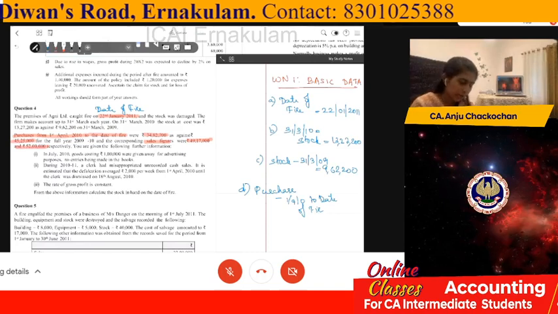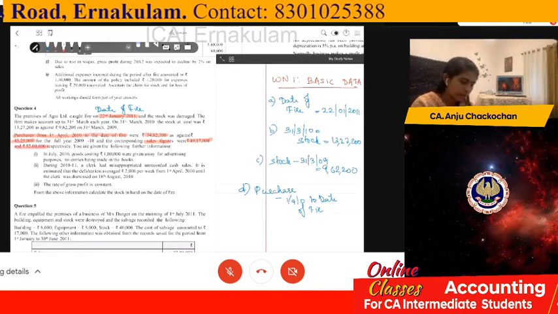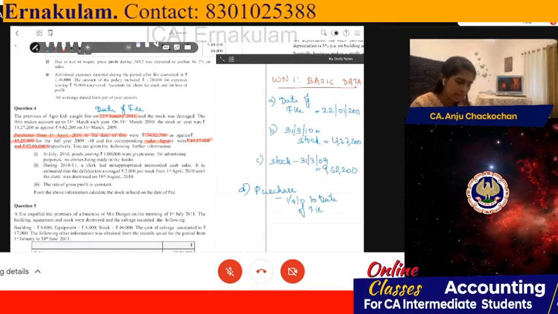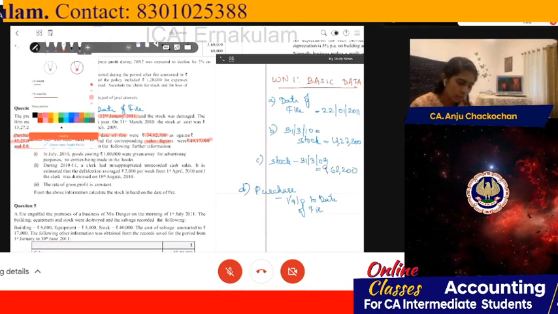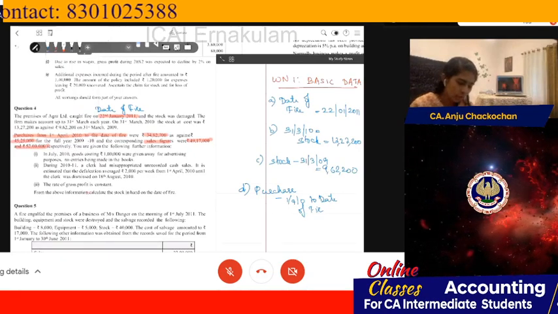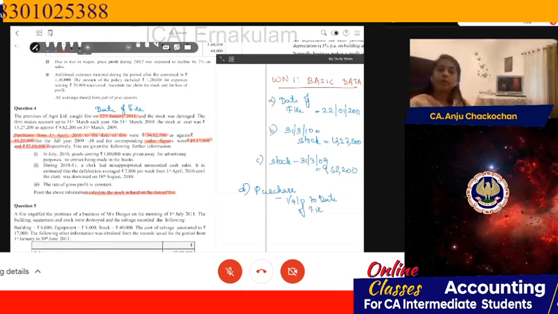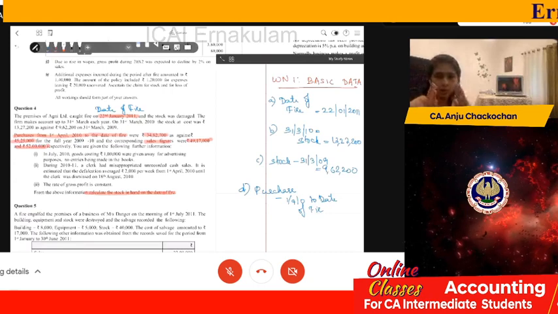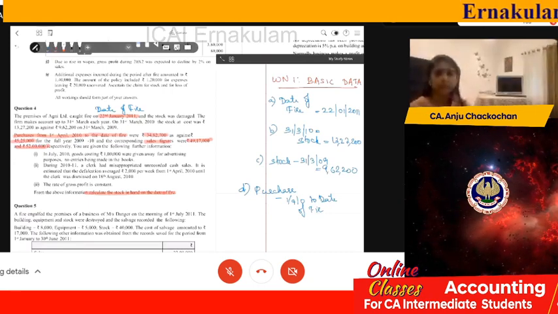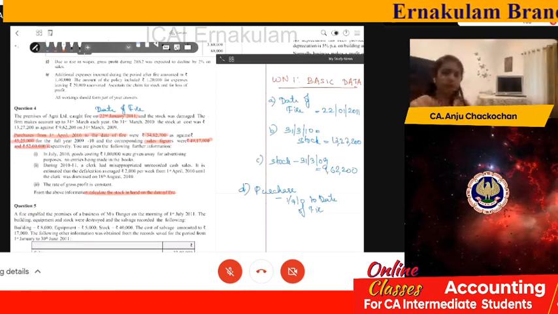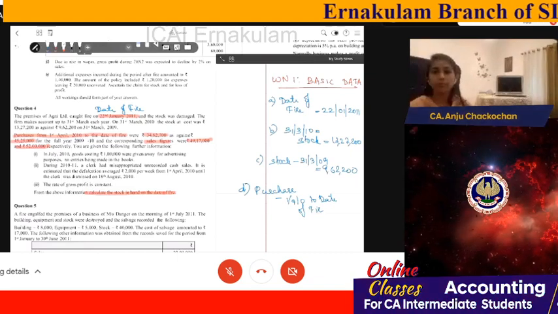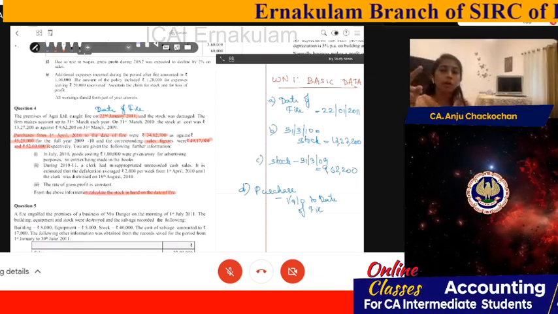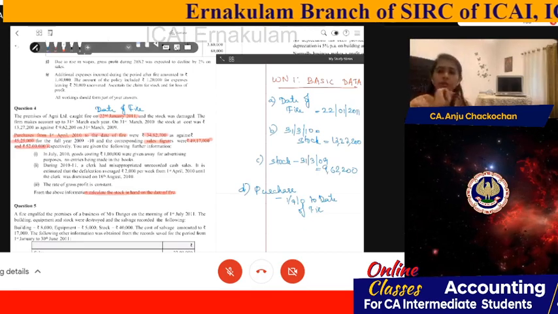So what are we asked to compute? Okay, listen, the other data we'll see in the go. Calculate the stock in hand on the date of fire. See, listen, usually we prepare the memorandum trading account to compute the stock as on the date of fire. But if we have to prepare the memorandum trading account in order to compute the closing stock, all of the figures should be there, right?